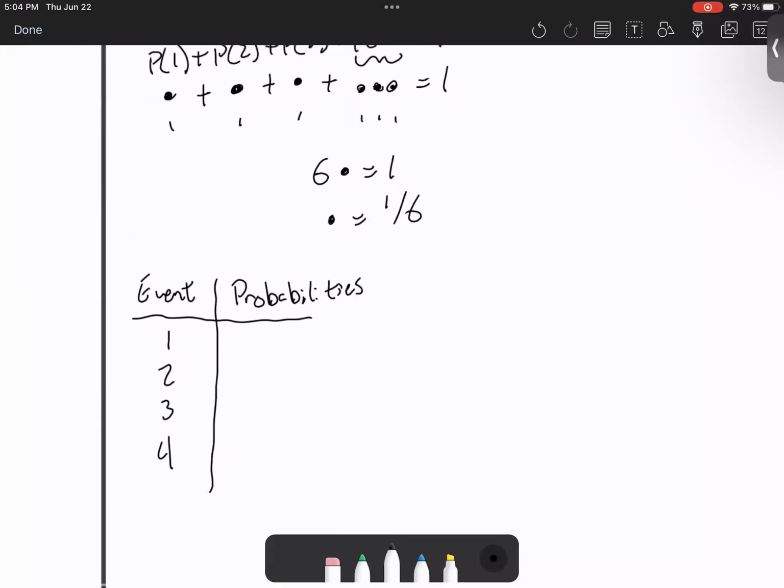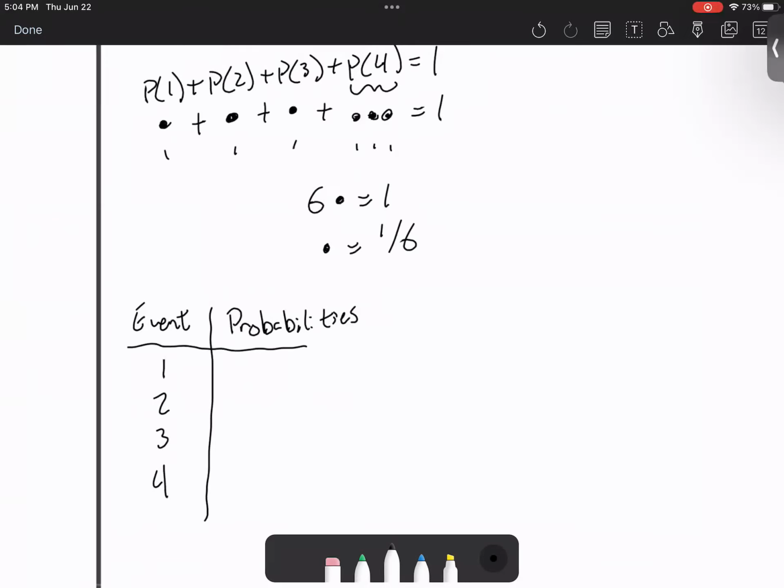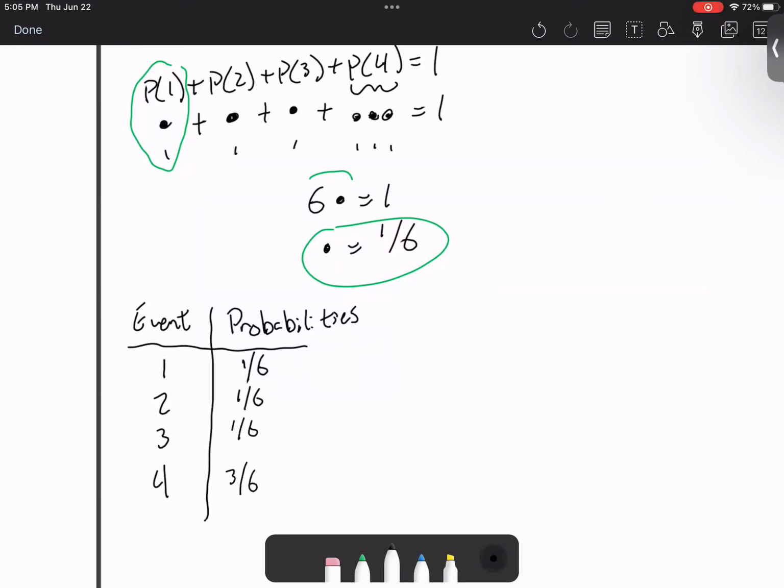We just did all that work. A 1 is 1/6 of the area. A 2 was the same. The 3 was the same, 1/6. And it was the 4 that was 3 times as likely. Right, that got 3/6.